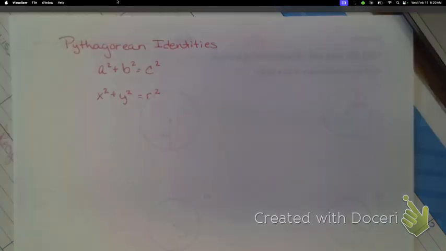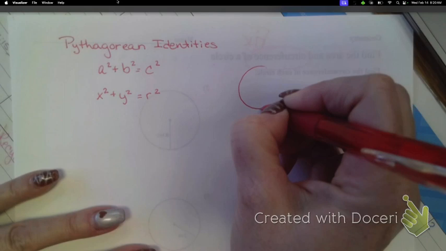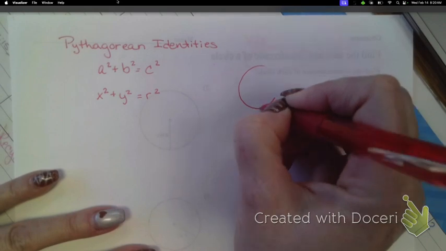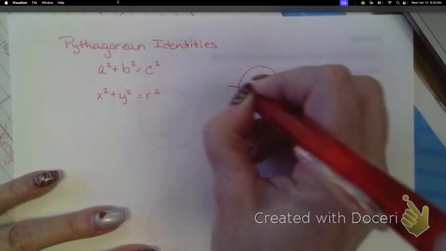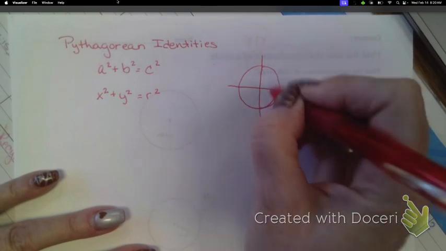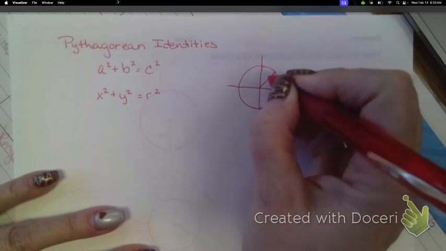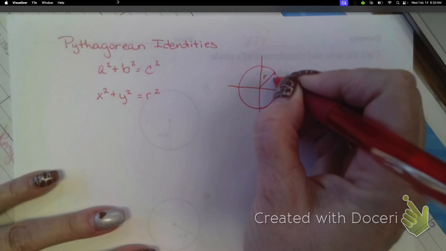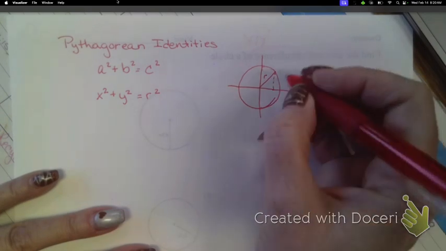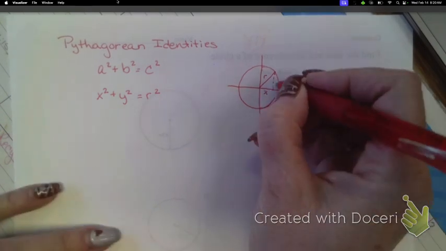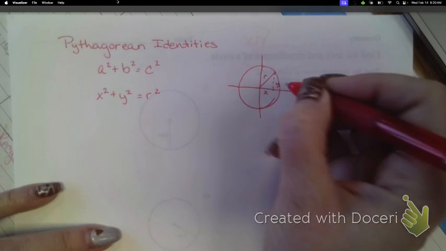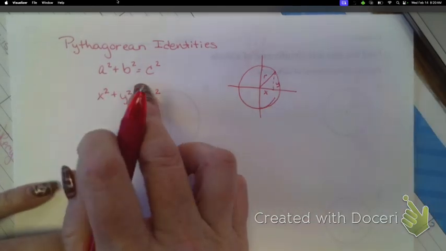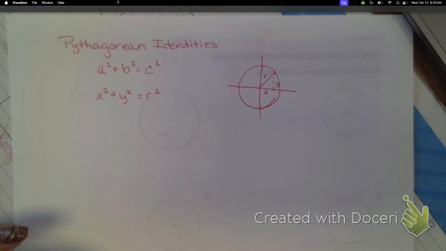When we have a circle and we want the radius of that circle, we can make this triangle. And so we have x and y. So that's the same as a squared plus b squared equals c squared. We've talked about that. That's the same as the distance formula, correct? So those are all the same.